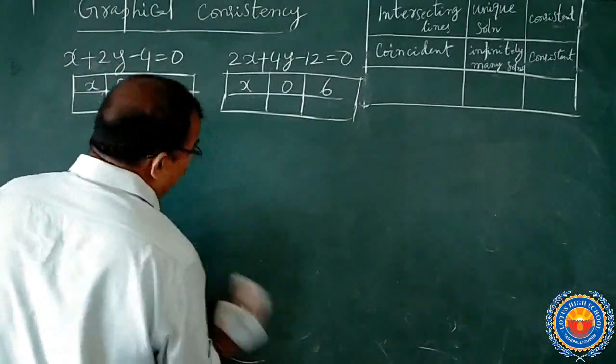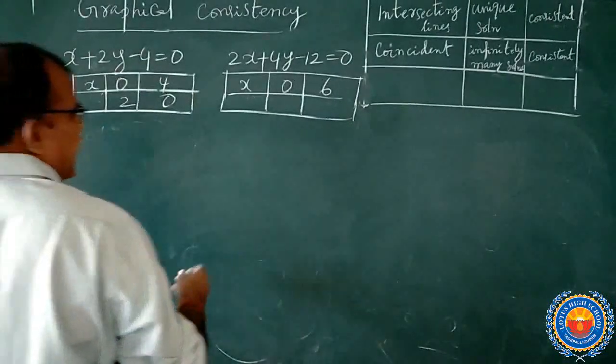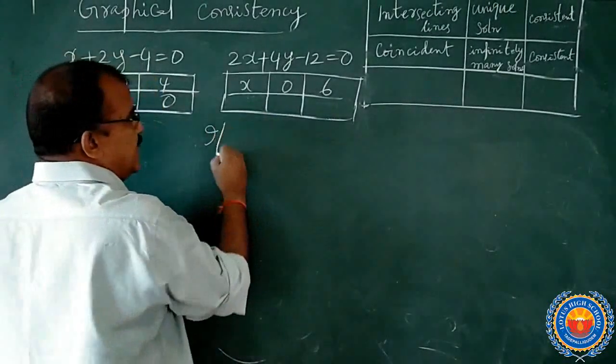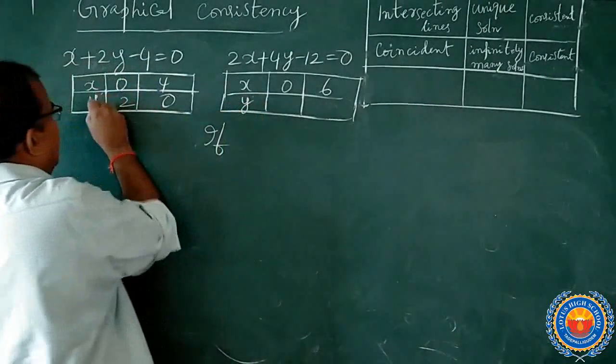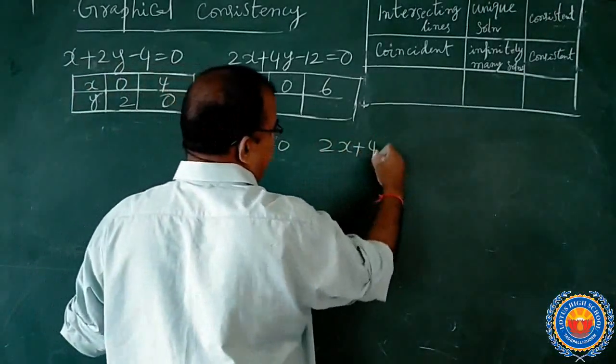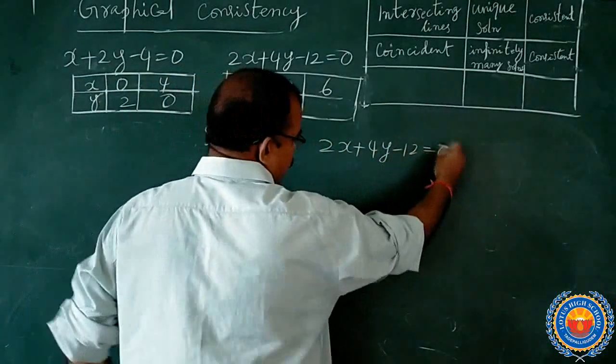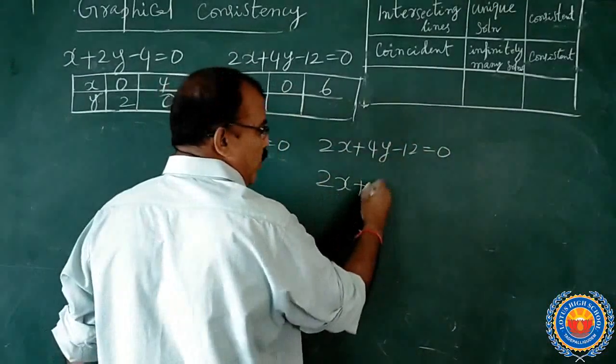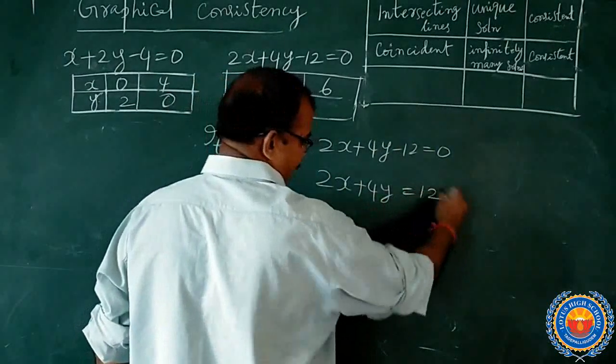Next, we take the second equation. If x is equal to 0, 2x plus 4y minus 12 is equal to 0. We can write 2x plus 4y is equal to 12.